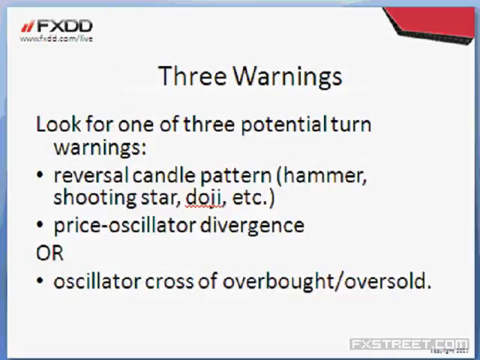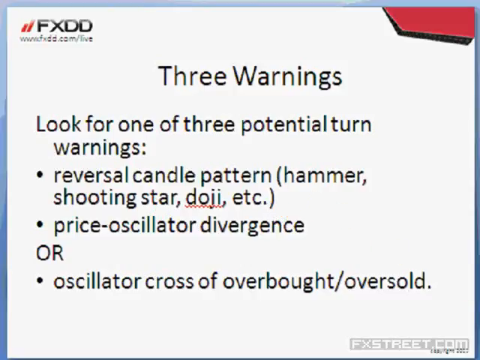So in a ranging market, I'm looking for when it gets to, let's say, the bottom of an uptrend channel, some kind of an indication that perhaps there will be a turn, and this can include, as I mentioned here, an oscillator cross of overbought, oversold. It could mean a price oscillator divergence or a reversal candle pattern like a hammer or a shooting star.